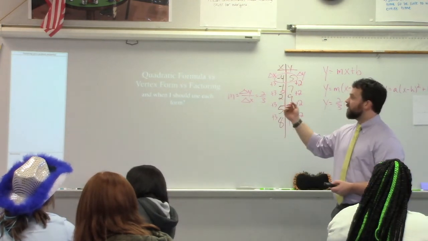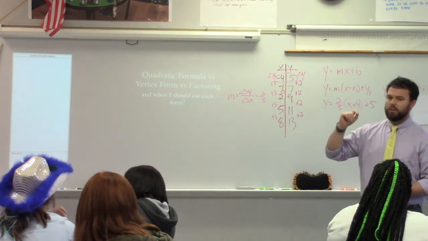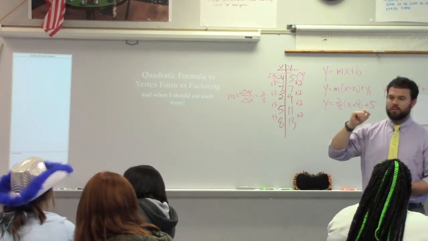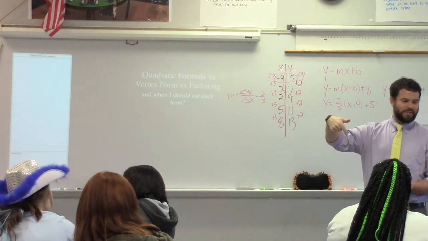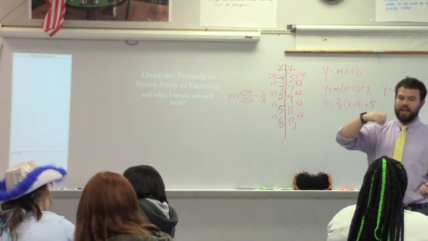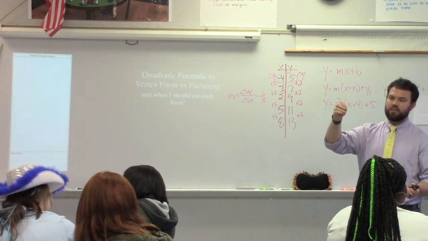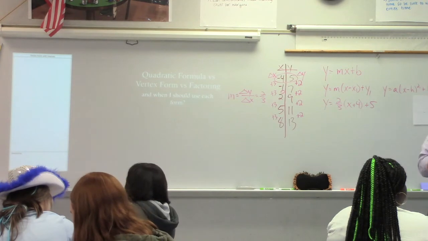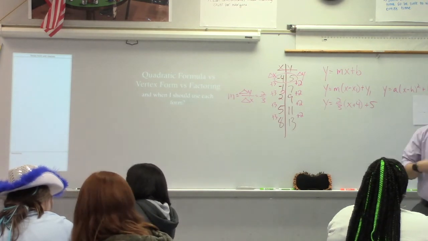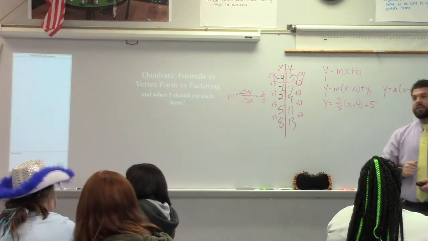What do we need to consider with the vertex form? What's an integer? The x value, so negative b divided by 2a. That's the thing to remember. If x equals negative b divided by 2a is an integer, that vertex form is really nice and easy.